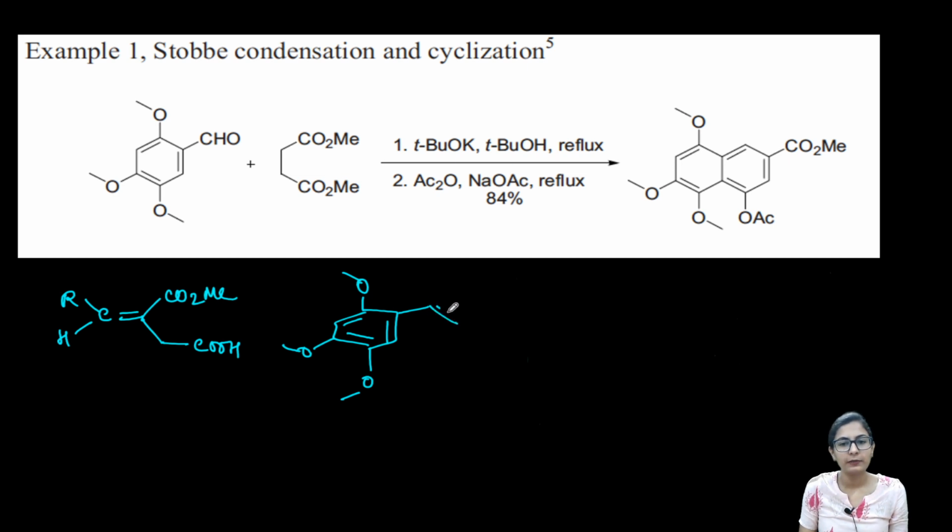So you have a double bond already with that carbon, and this is what you see, CO2Me and C double bond. Alright, so this is just a single bond, right? CH2 and now C double bond O. Alright, this is what you get further. Okay, this is just a single bond.